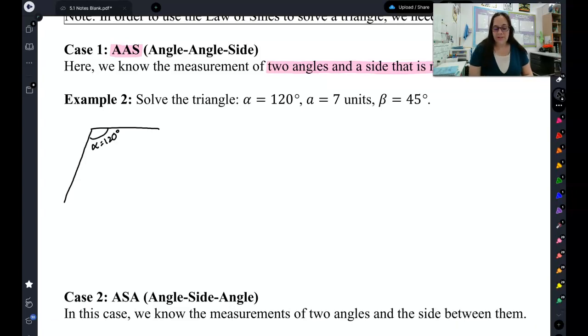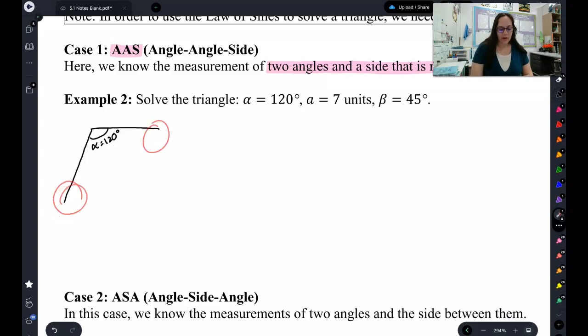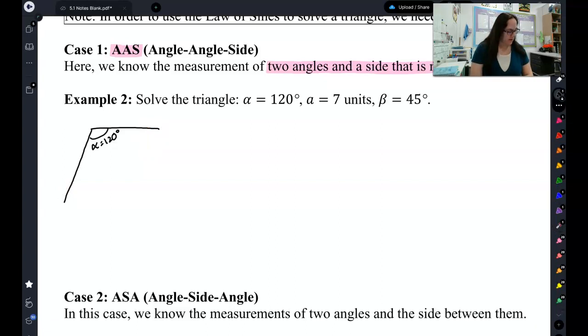We also have a second angle that's going to be about 45 degrees. Doesn't matter where you put that second angle. You could put it down here or here. Again, does not matter. I'm going to do it right here. And notice that I tried to make it close to about 45 degrees.